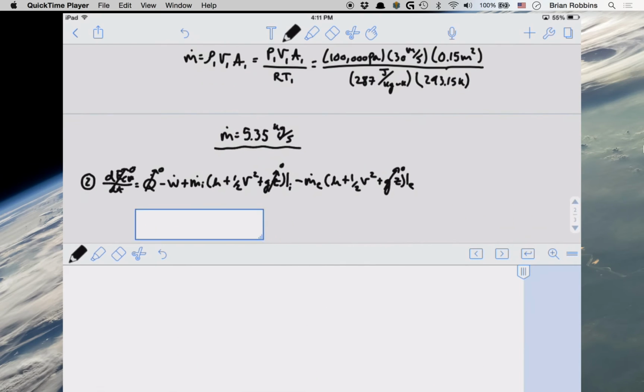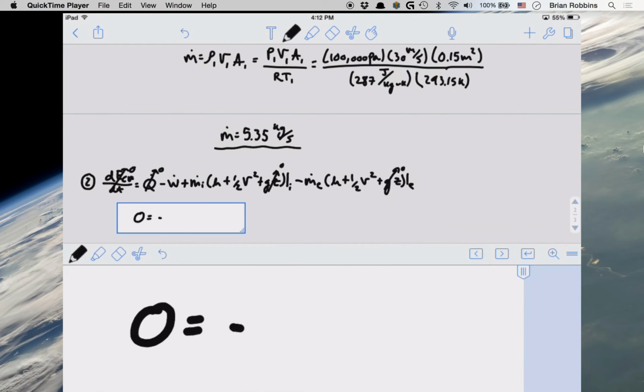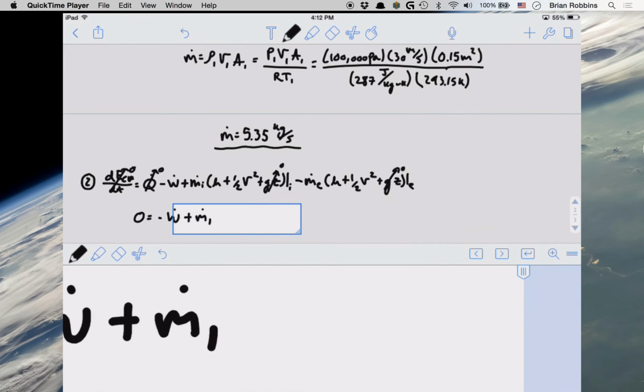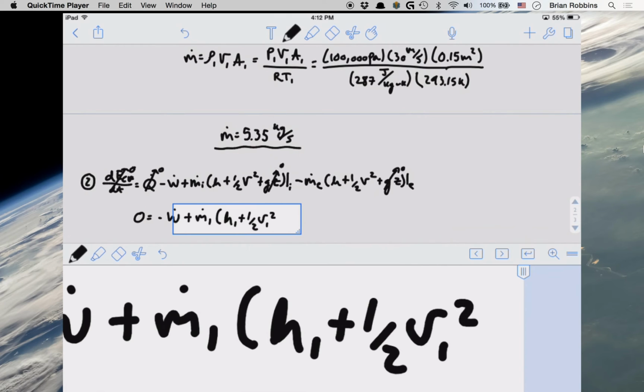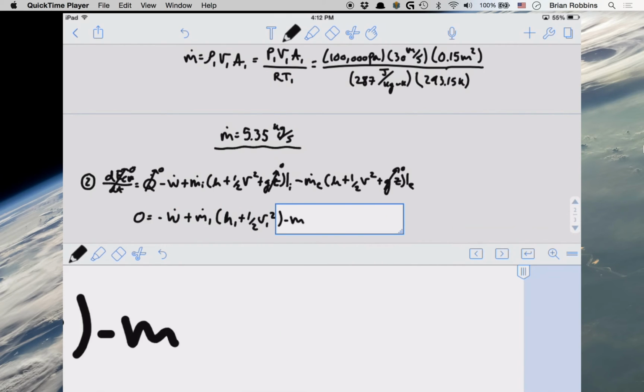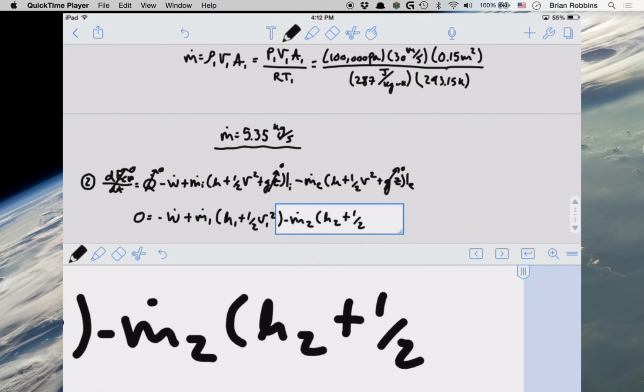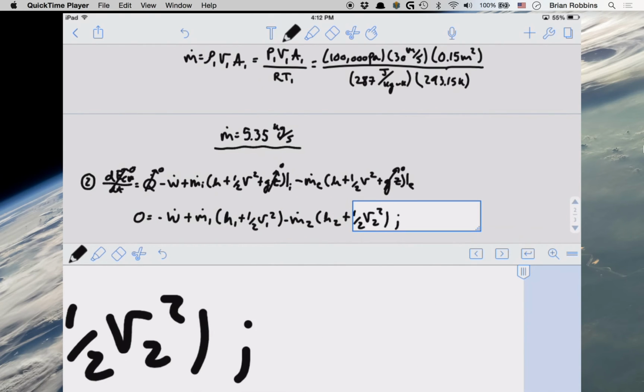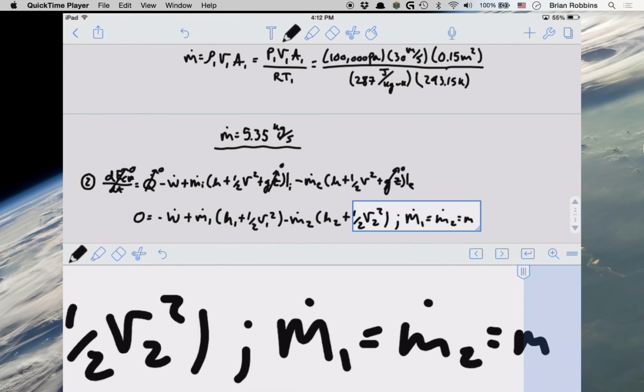So what this leaves us with is minus W dot plus m dot 1 times h1 plus 1/2 V1 squared, minus m dot 2 times h2 plus 1/2 V2 squared. Okay, now recall from our conservation of mass, we have found that m dot 1 is equal to m dot 2, which is just equal to some m dot.